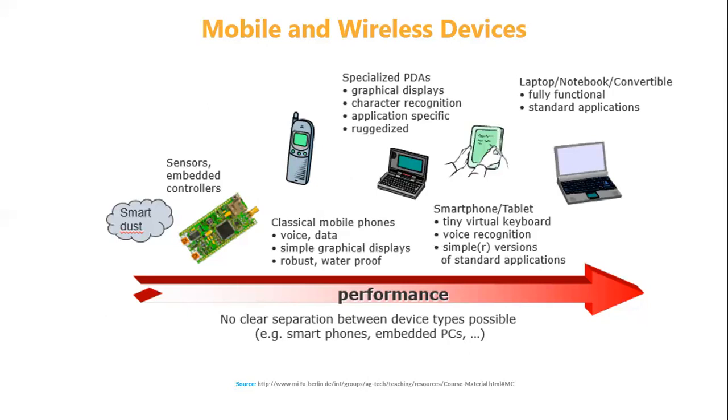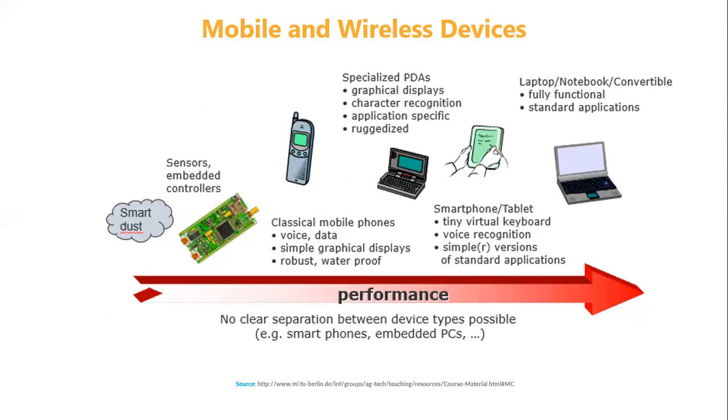For example, nowadays a washing machine comes with a controller, a smart TV comes with a controller. Any device that you purchase will have a controller. So any device that you use in your day-to-day life can also be treated as a mobile or a wireless device if it doesn't use any wires.